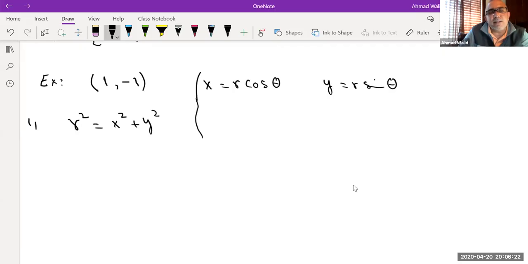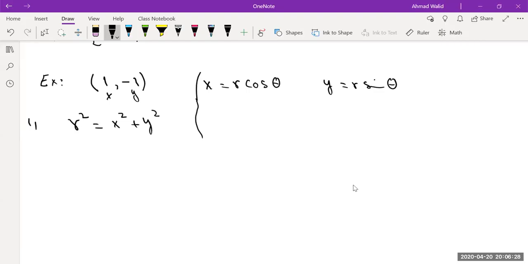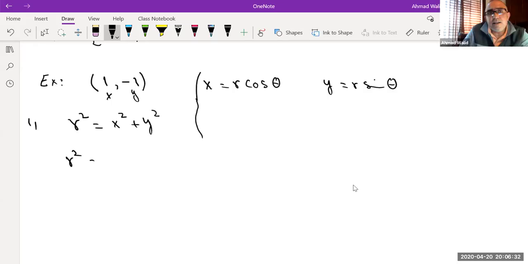And you are in Cartesian system. Is this the value of x? Is this the value of y? Agree? Yes. Then I can write r squared equals 1 squared plus negative 1 squared. It means r squared equals 1 plus 1.